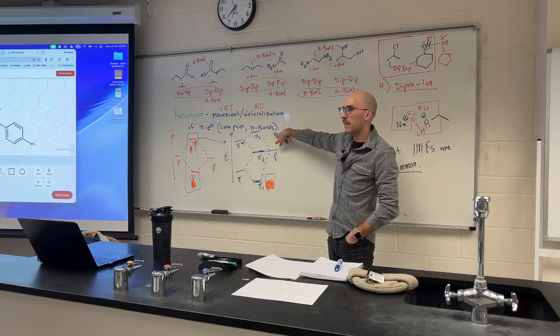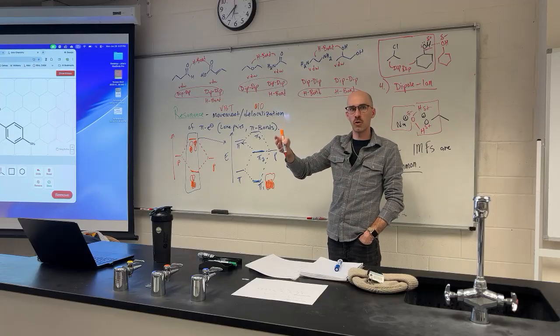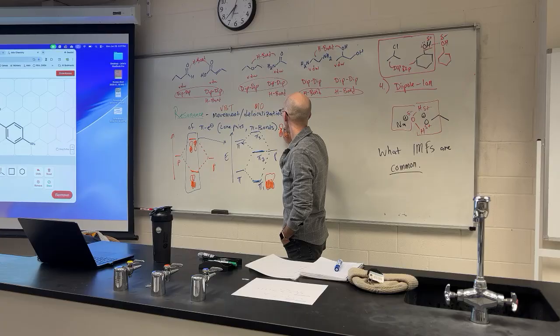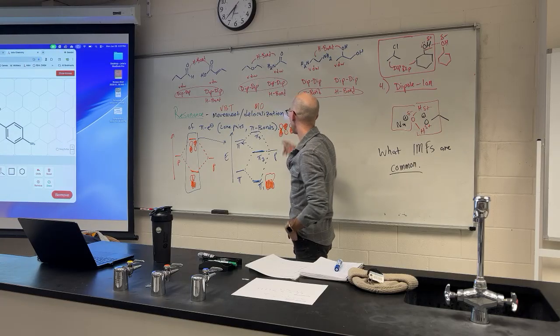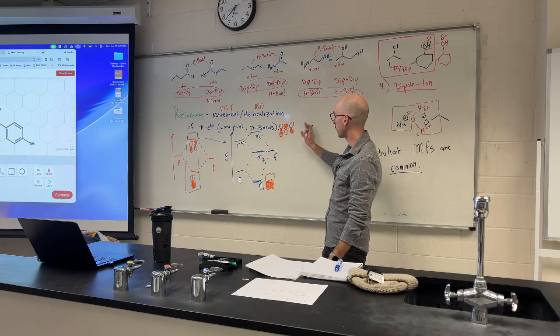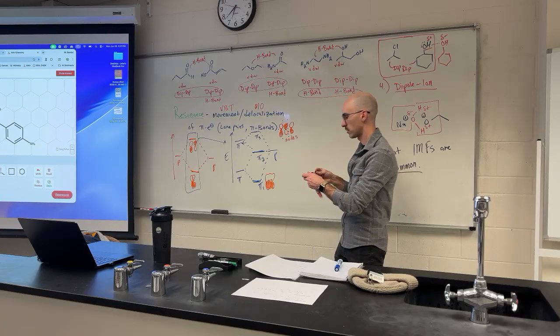At the top, my highest energy orbital, all of my individual orbitals will be out of phase with each other. So I'll have p out of phase with p, out of phase with p. And these changes in phase, as always, are what we call nodes.